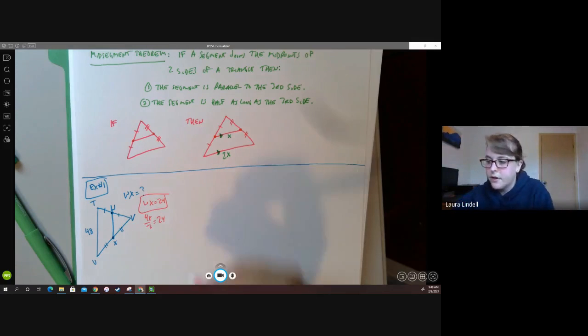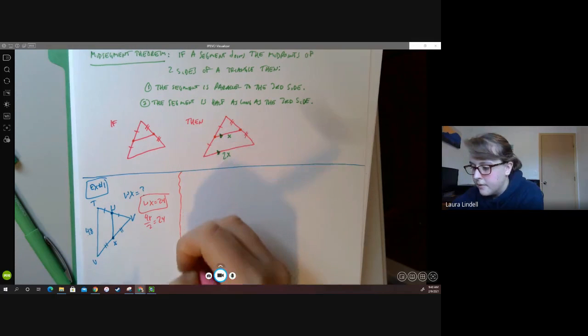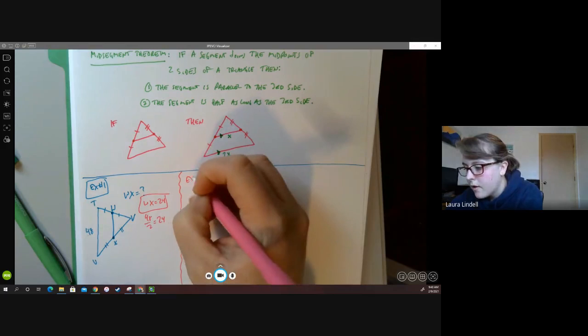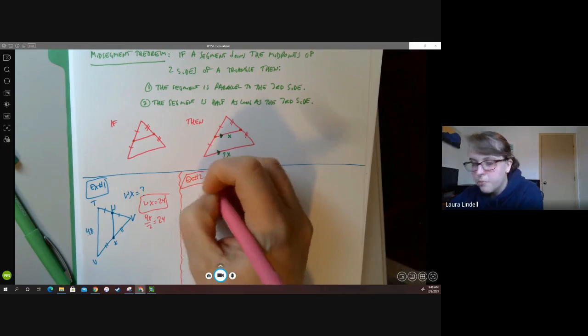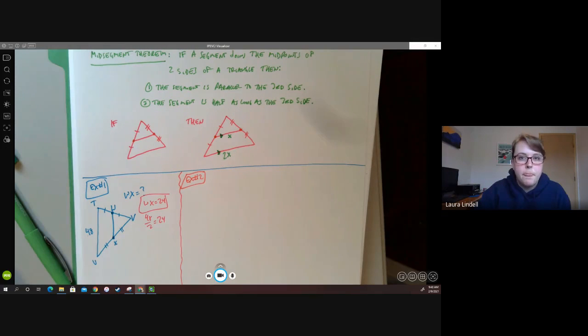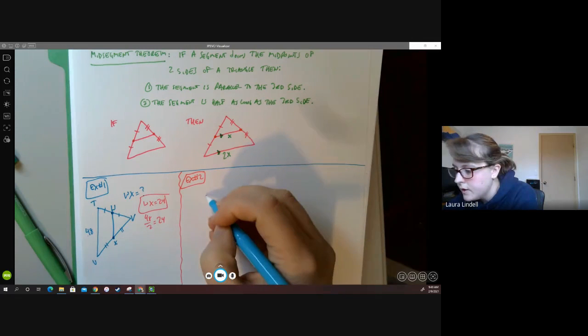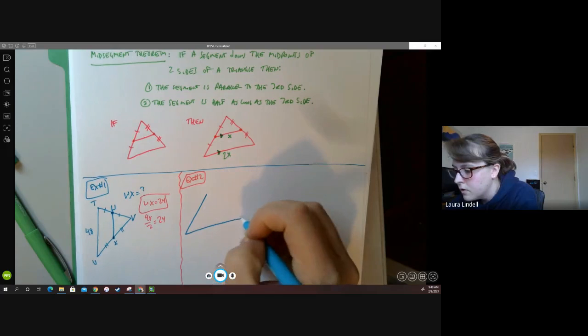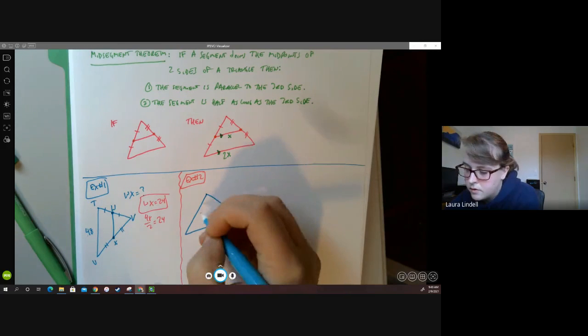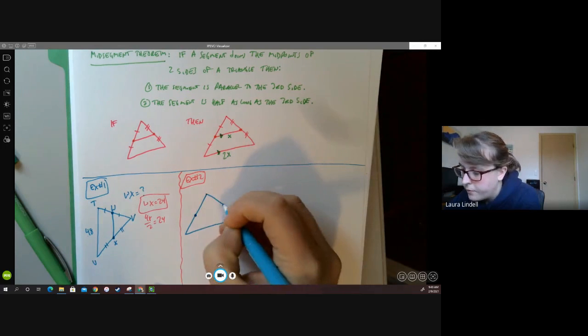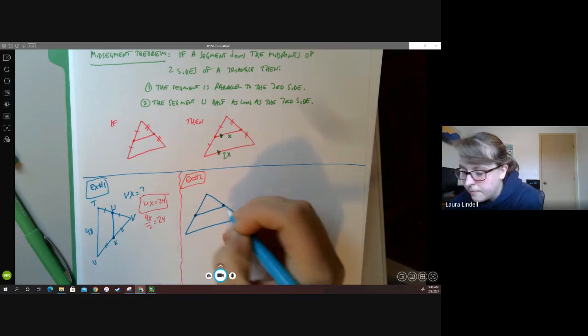The other version of a problem that you might see is going to involve a little bit more in the way of algebra. Okay. So this one, we've still got our mid-segment.